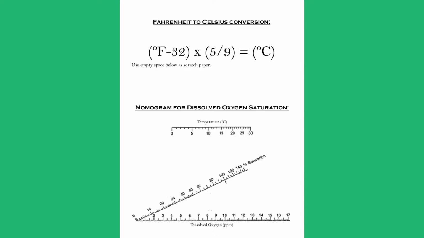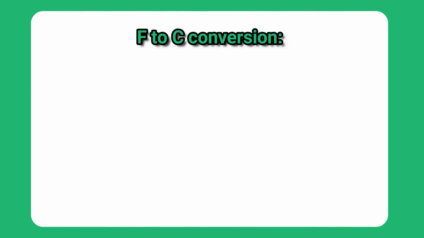On the back of the sheet, there is a conversion formula and a graph that you will need to use to help calculate the dissolved oxygen percent saturation of our water sample. This measurement tells us the percentage of dissolved oxygen concentration relative to the temperature of the measurement depth. To calculate this value, we must first convert our water temperature from degrees Fahrenheit to degrees Celsius.